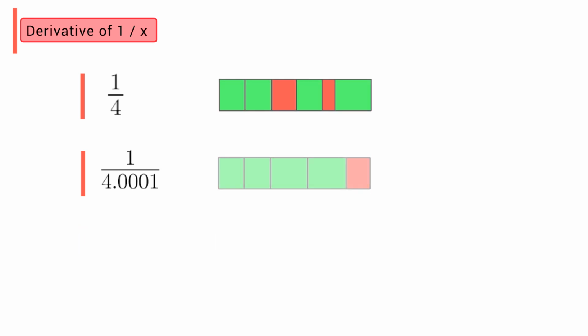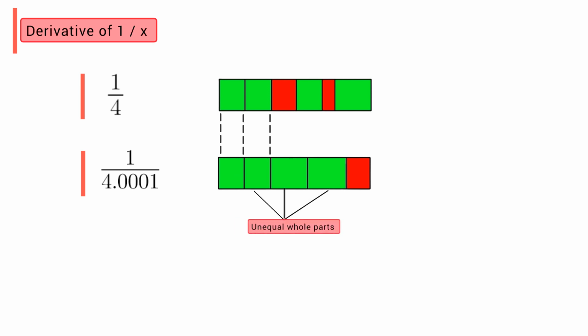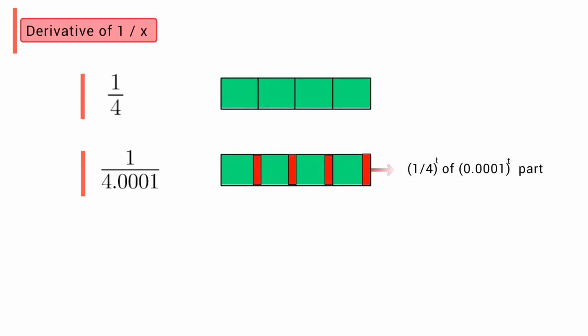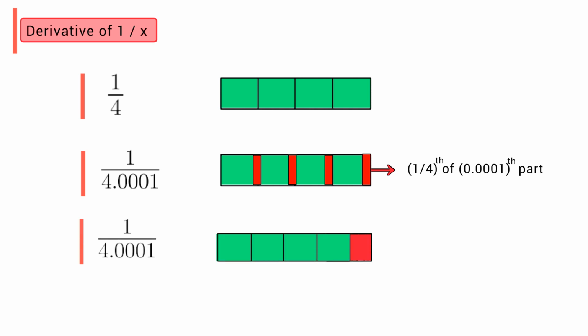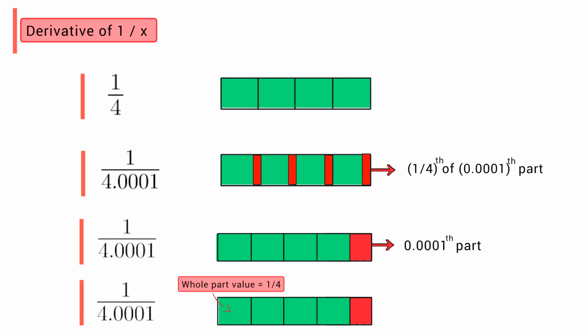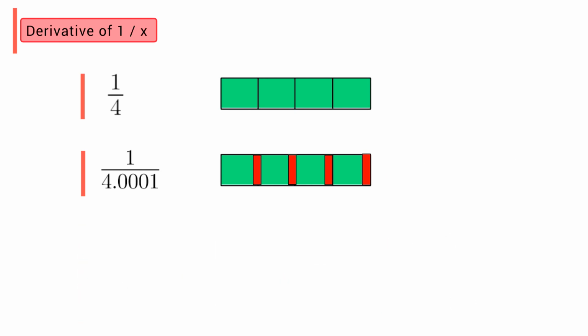Otherwise, if we take all the value from a single part or sum of the parts, the whole parts will not have equal values. Since each part is contributing 1/4 of the value, we will have the term 1 by 4. Also, the total value of the additional part will be 0.0001, the part of a whole part value. Then the value of the additional part formed will be 0.0001 times the value 1 by 4.